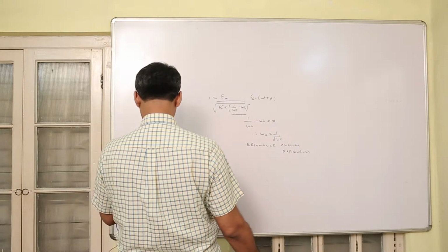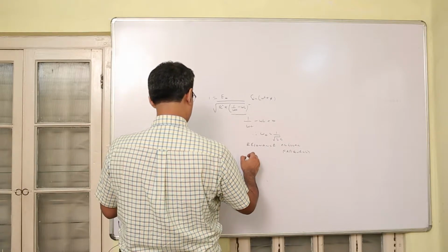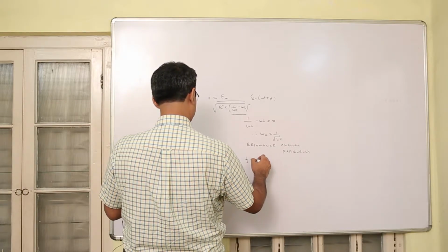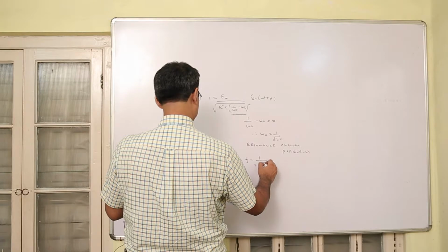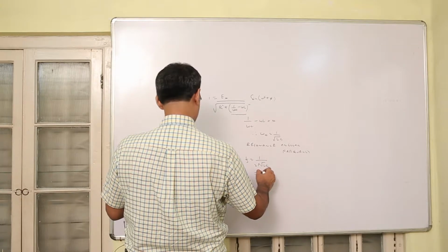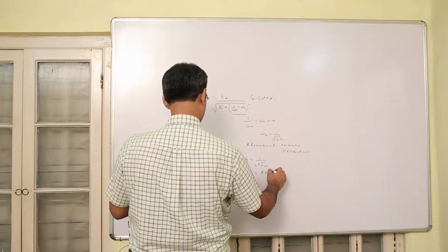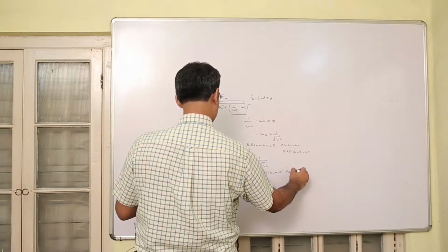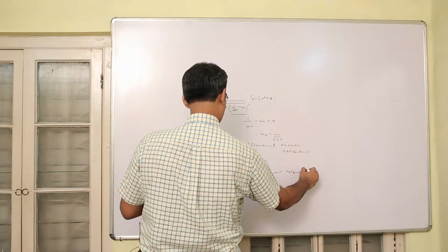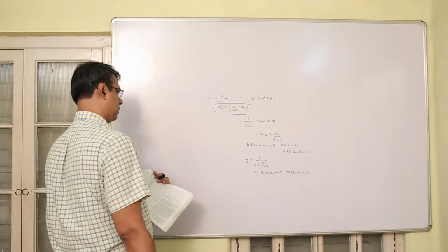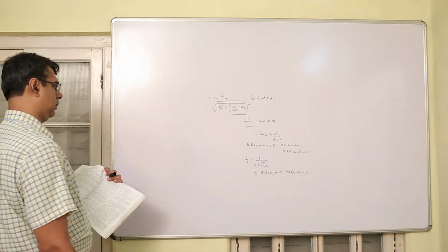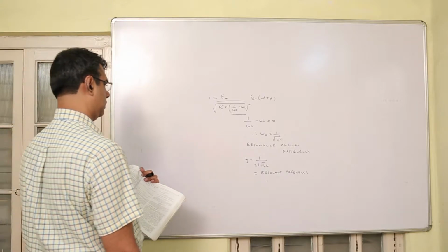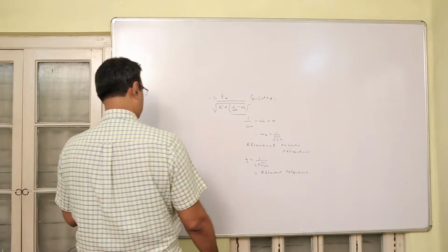And the corresponding value of frequency is called resonant frequency of the circuit. So the resonant frequency of the circuit will be 1 by 2 pi root LC.